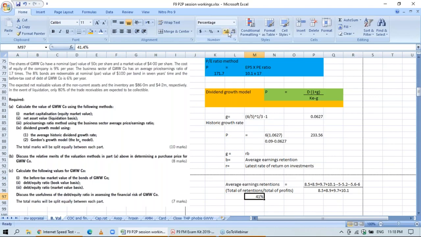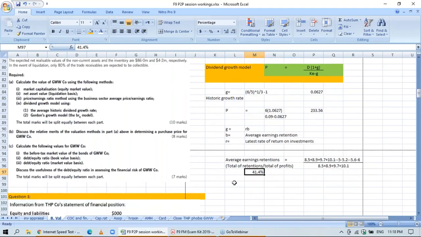Okay. So now, what's the latest return on investments? The latest return on investment will be calculated as net profit divided by the net assets.